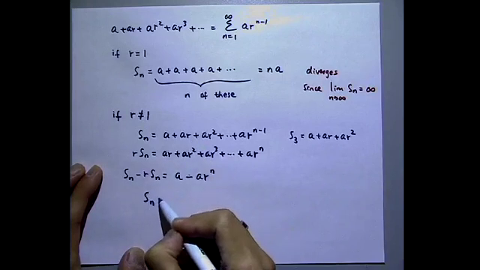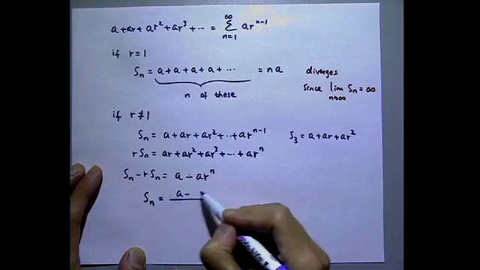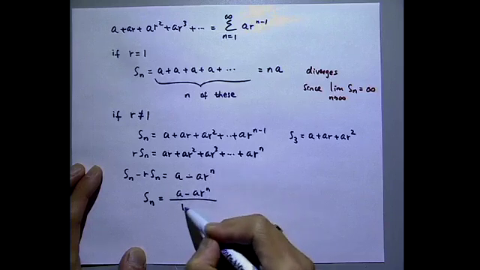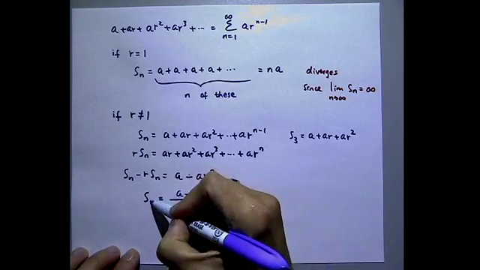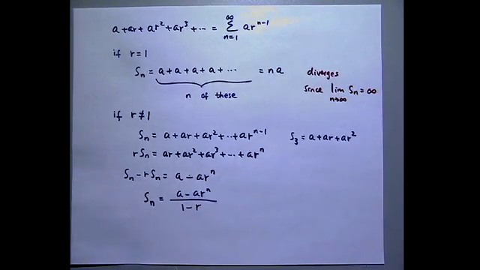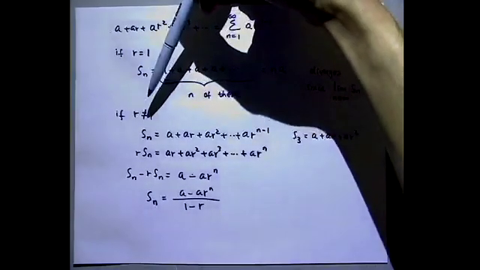So if I factor that out and then divide by 1 minus R, then I get that. Okay, so that's my sum, provided that R is not equal to 1.